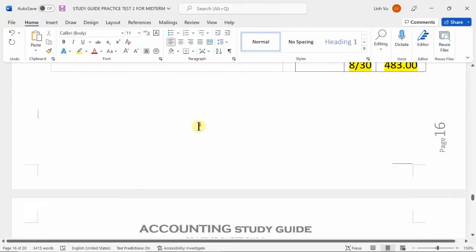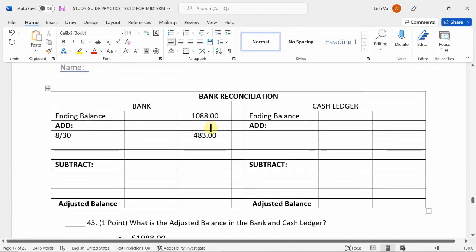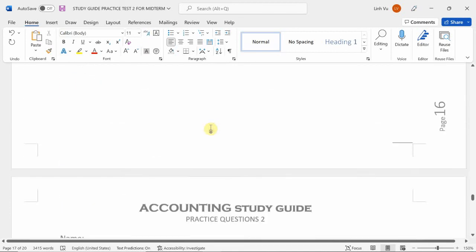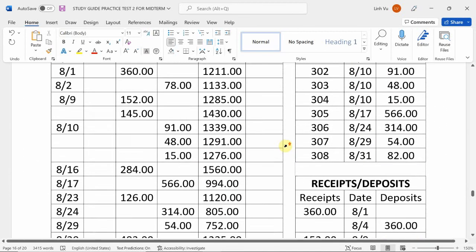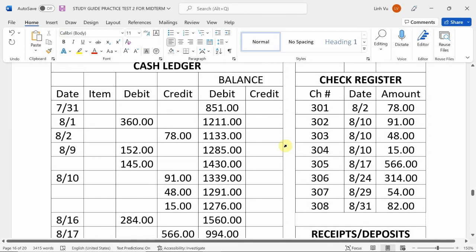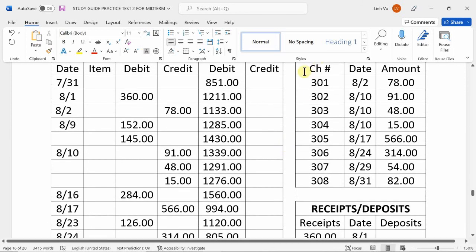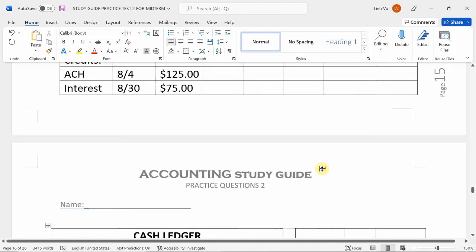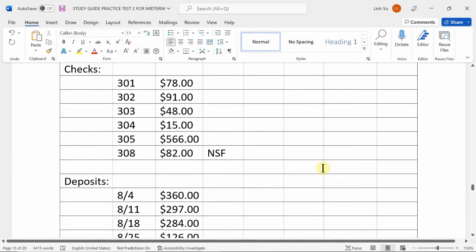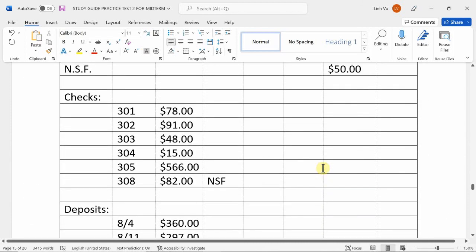Okay, so now we've got to take a look at subtracting out any checks that have not yet cleared. So in this case, let's take a look at my check numbers. So I've got 301, 302, 303, 304, 305, 306, 307, and 308. So let's take a look here. Okay.